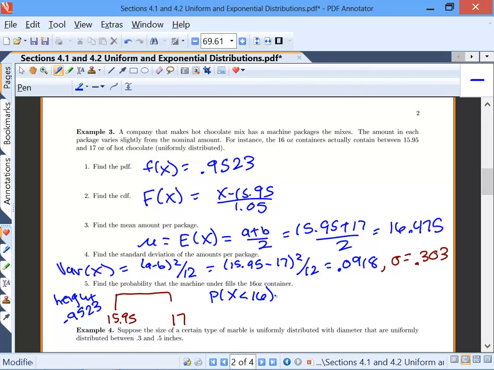Okay, so what would that look like on my graph? That's saying, okay, well, here's my 16, and I'm just looking for the area here. So he said 0.05, the width, and then what? Times it by the height, which is a constant, 0.9523.